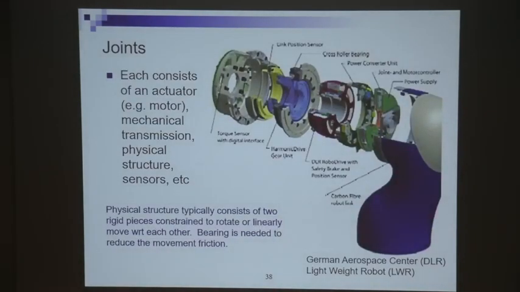Okay, so continuing with the joint. To realize a joint, you need an actuator. The most common actuator for a joint is a DC motor. You also need a mechanical transmission system, the physical structures, as well as a sensor. For the sensor, you tend to use an encoder to provide the feedback of the motor.